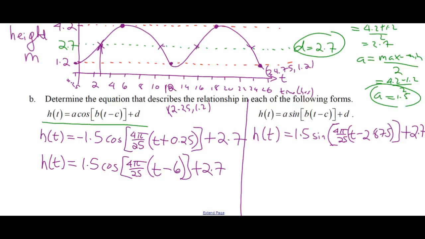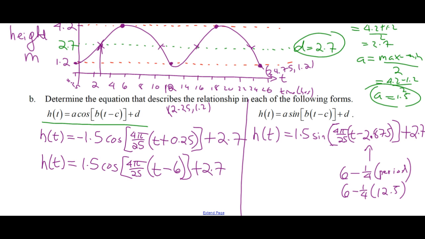And the period is 12 and a half. So just go 6 minus 1/4 times 12.5. So this is 6 minus 1/4 of the period, and the period is 12 and a half. It should be 2.875.